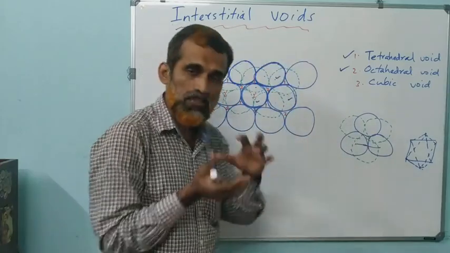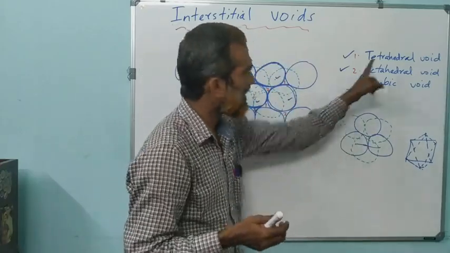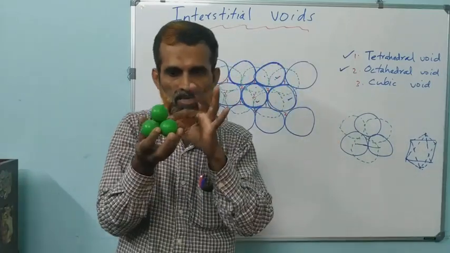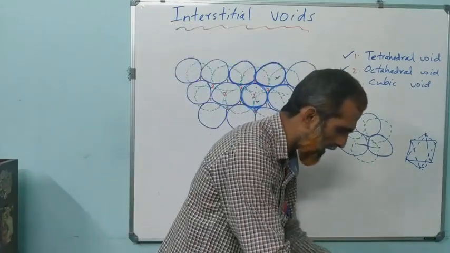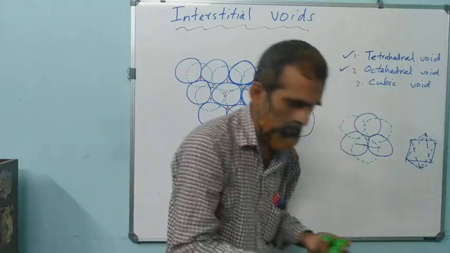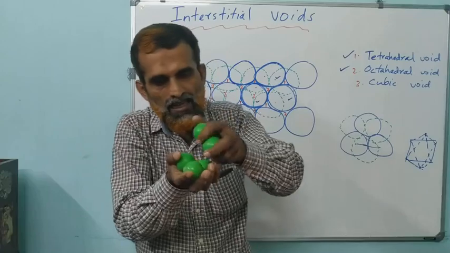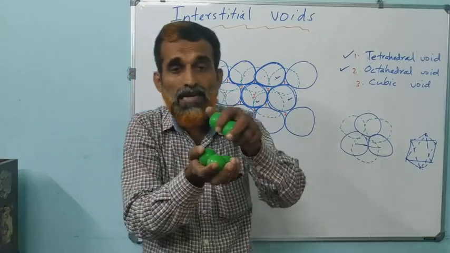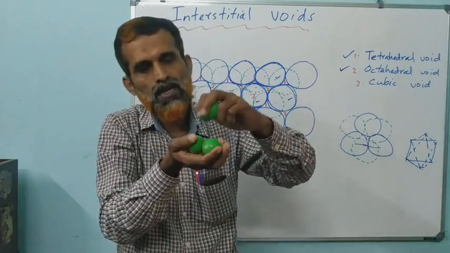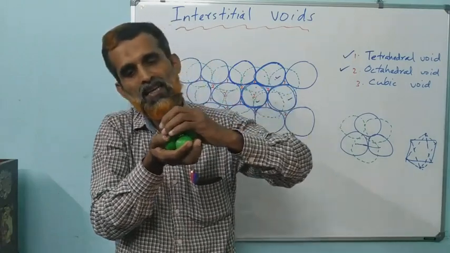So remember, 6 spheres are touching each other, and there is a vacant space at the center. Of course, this will be much larger than the tetrahedral void, because in the tetrahedral void the particles are very close, but in the octahedral void these 6 particles, 3 in one layer and 3 in the other layer, are a little diffused out, a little away from each other, not so close.